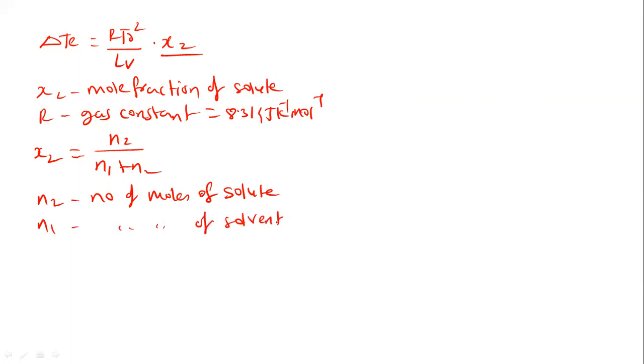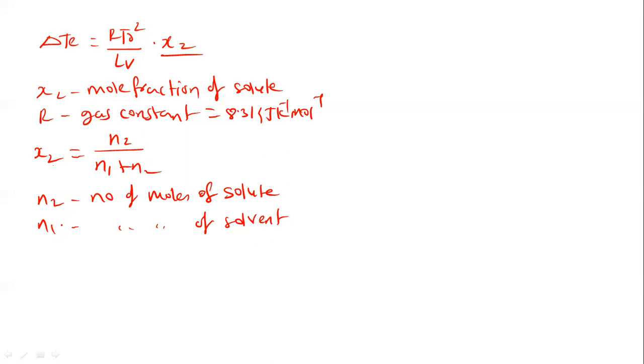So according to the definition of the mole fraction, it is the number of moles of that component divided by total number of moles of all the components. So mole fraction of the solute is equal to number of moles of the solute divided by total number of moles of the solvent and solute.